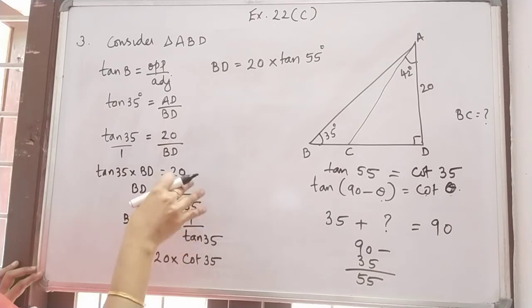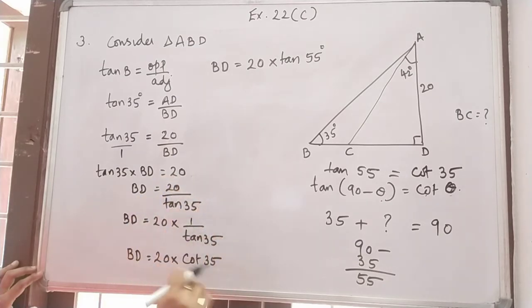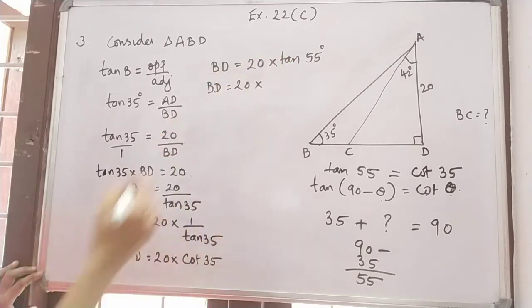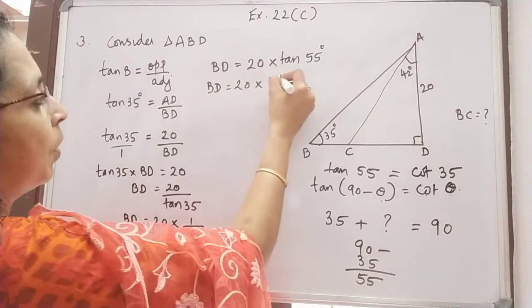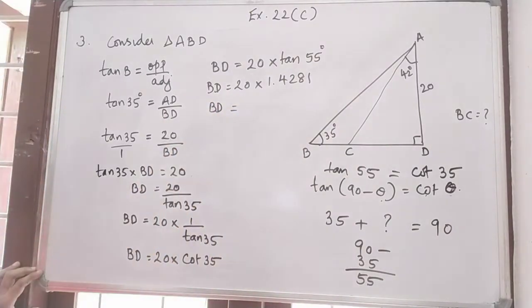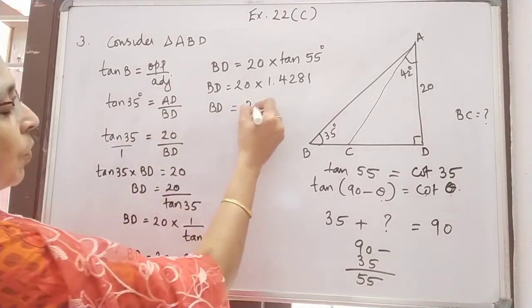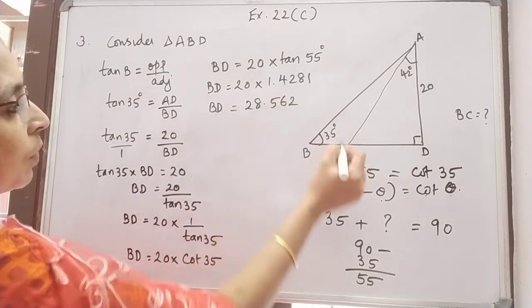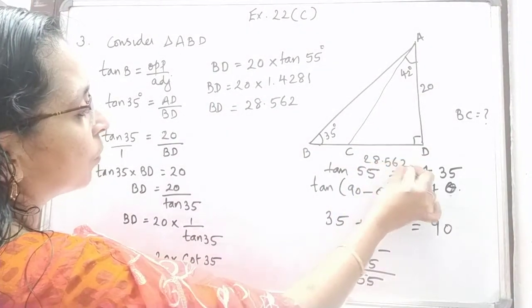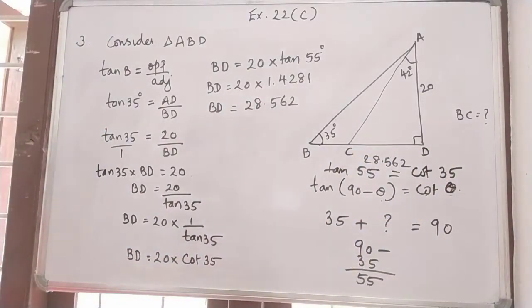So to avoid that, use this method. So BD we can write as 20 into tan 55, which is 1.4281 from the table. From there we will get BD is equal to 28.562. So the total BD is 28.562.